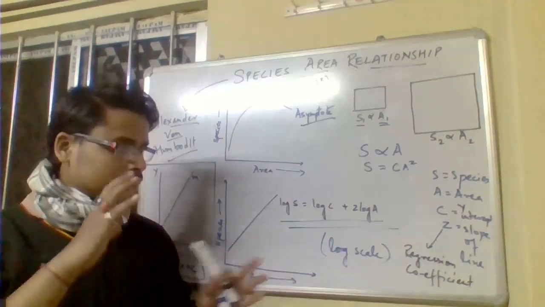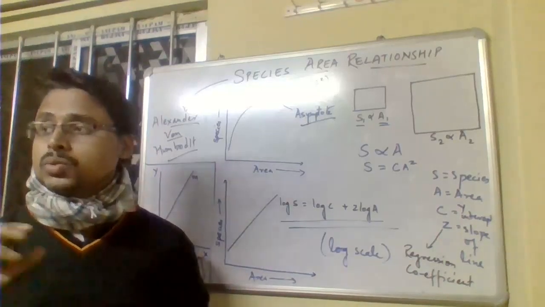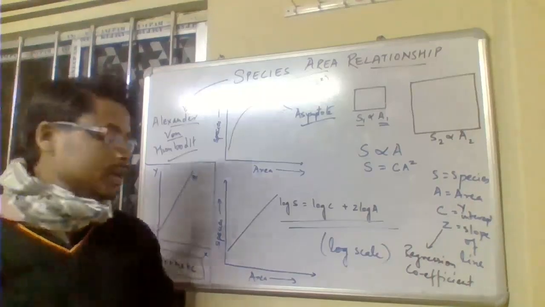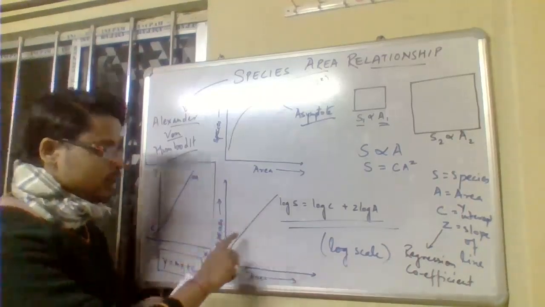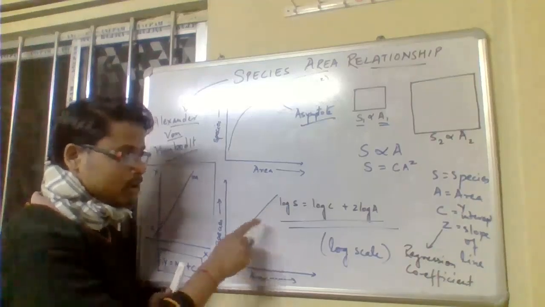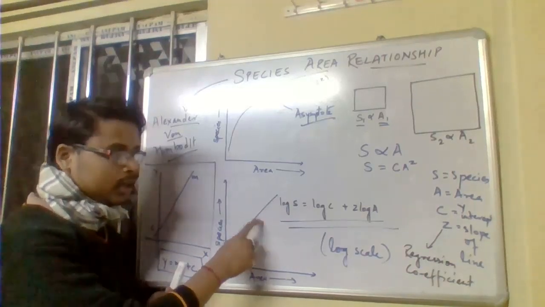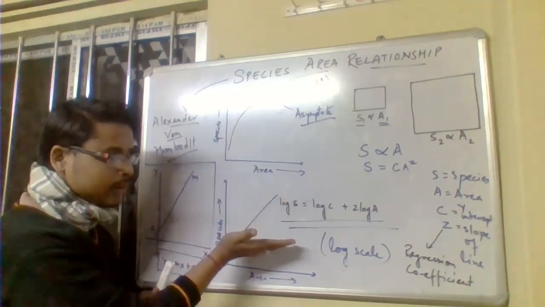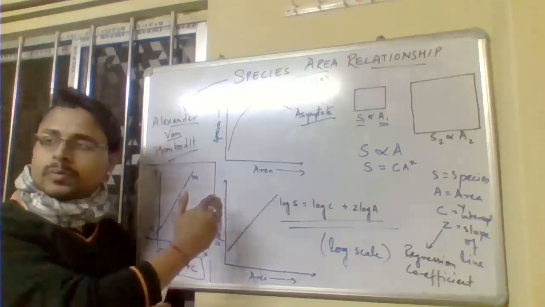Now why could this regression coefficient vary? Because of the area being in different climatic zones. In different climatic zones, this slope of the line, the m, or z as we call it here, can change. In different conditions it will become steeper or less steep.